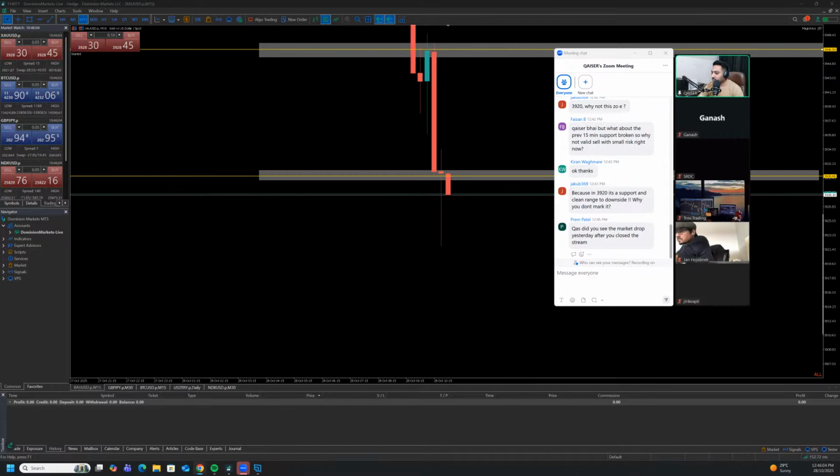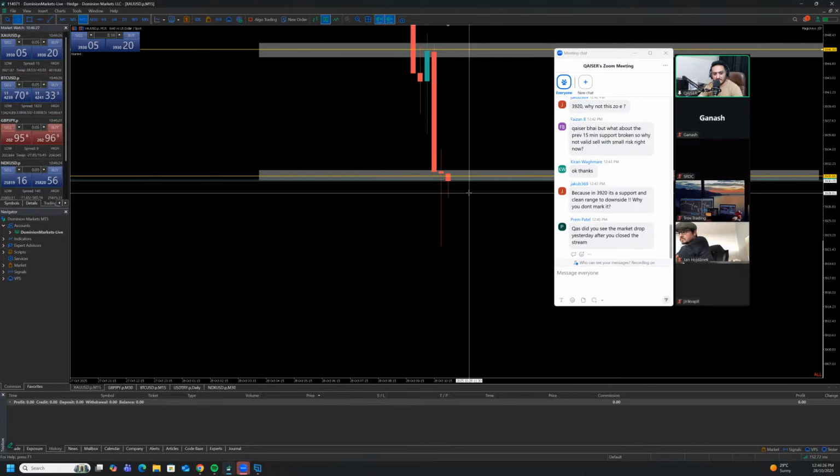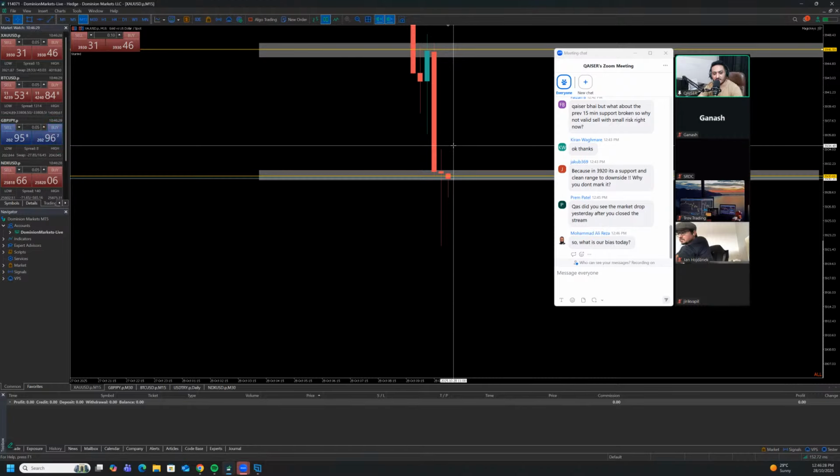Okay, look at this one. Okay, wow. If I wait for the candle to break above the high, I might miss 30 pips.